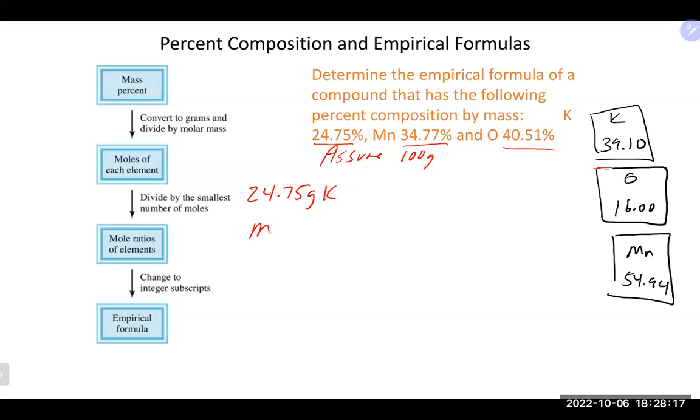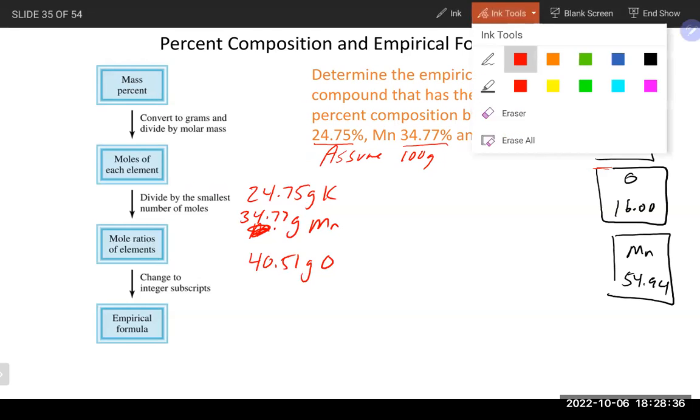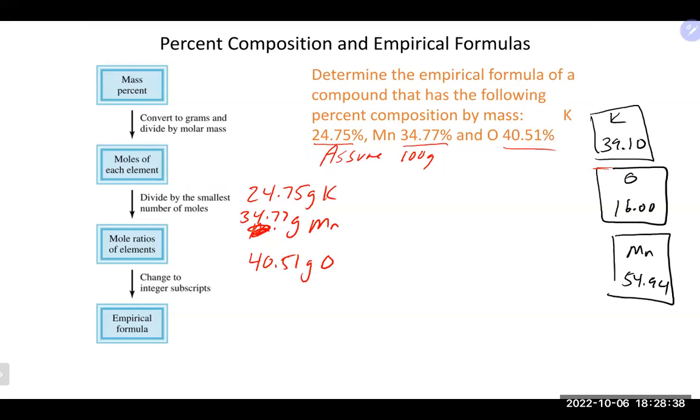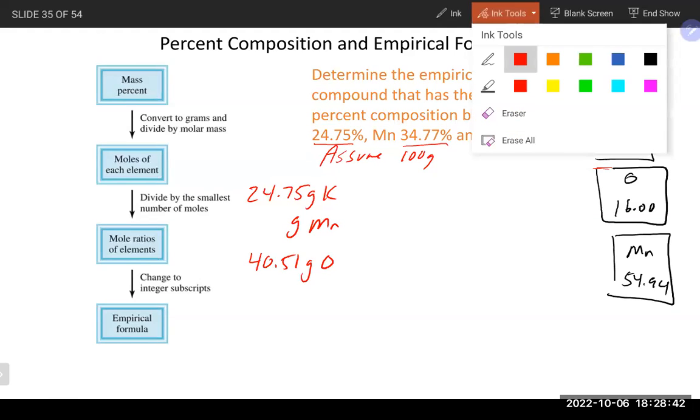For Mn, we would have 34.77 grams of Mn. And for oxygen, we would have 40.51 grams of oxygen. So after we get them into grams, the next thing we want to do is convert everybody into moles. So we're going to use the molar mass from the periodic table to do so.